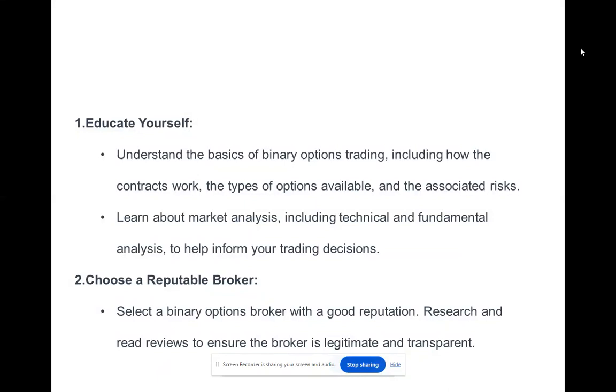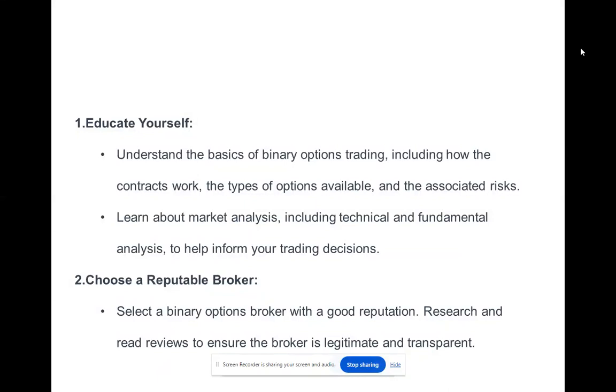The second step is to choose a reputable broker. You must select a binary option broker with a good reputation. Research and read reviews to ensure the broker is legitimate and transparent.